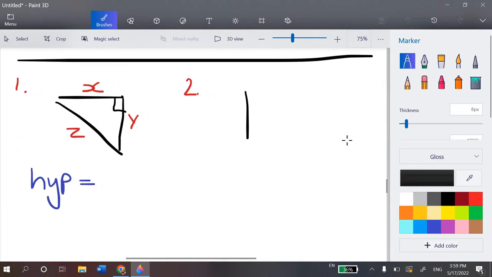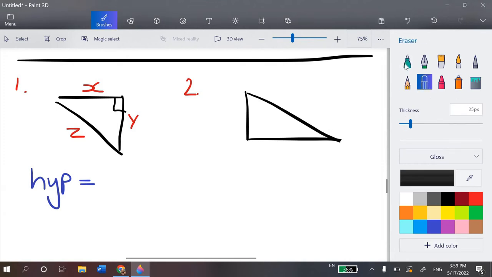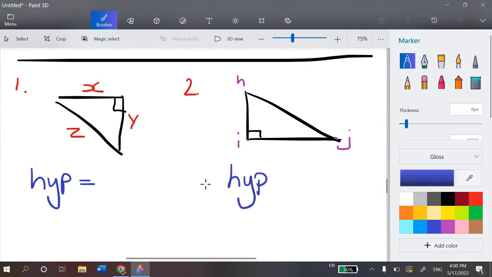And over here, degrees, and this time we're going to call them H, I, J, and again, tell me which side is the hypotenuse. You can pause the video, write these down in your notebook, and answer the questions for me, please.